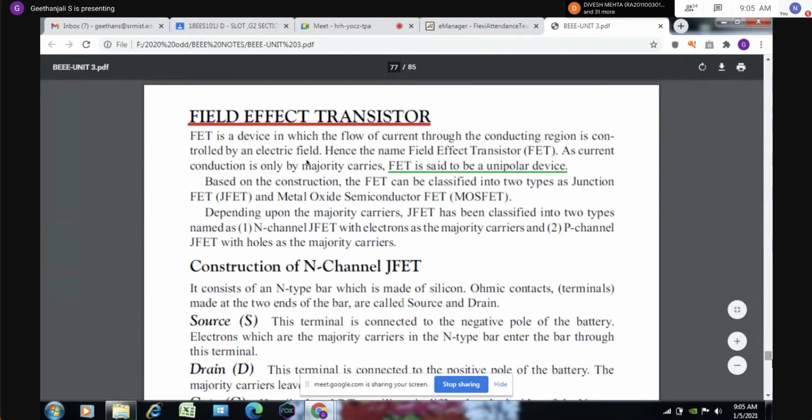See, this field effect transistor is also one of the semiconductor devices, like a BJT, like a PN junction diode, like a transistor.